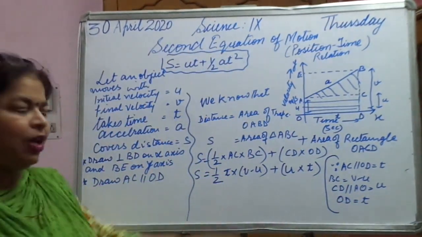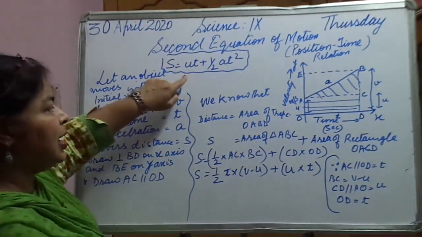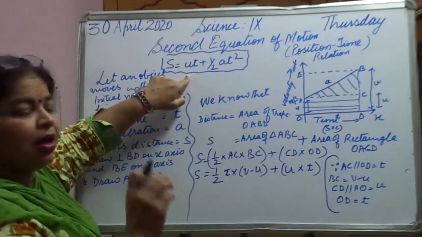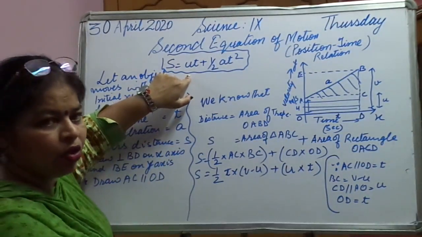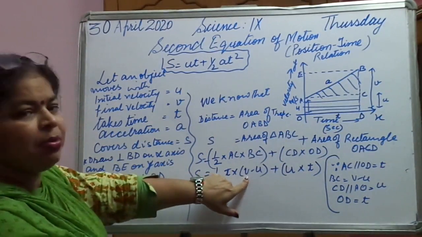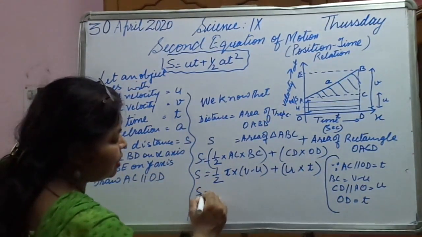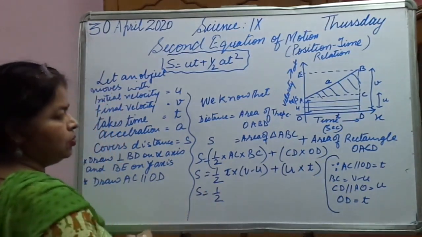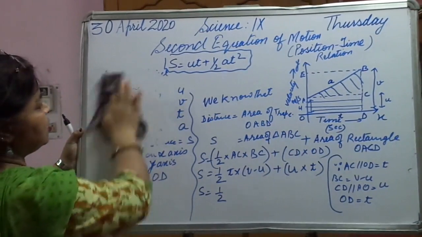So from here we have put the values in this. Now see, is there anywhere V present in this equation? No. So what we are going to do is eliminate V from this. So let us see. S is equal to 1 by 2. I will do rough work from here and then let us write.